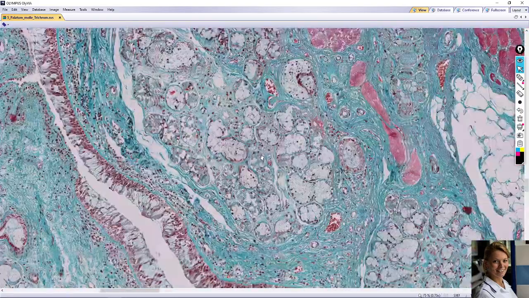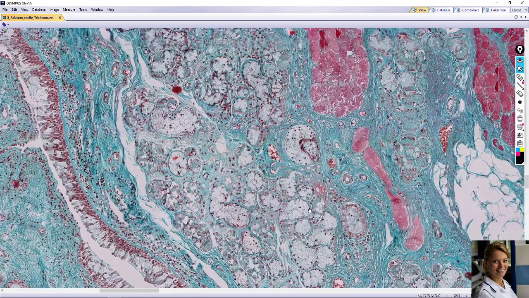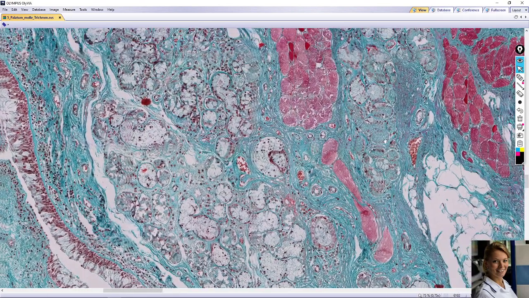You can recognize pale mucous gland and darker serous cells. Here is a duct of these cells, one layer of cuboidal cells. Inside is a product of this gland.